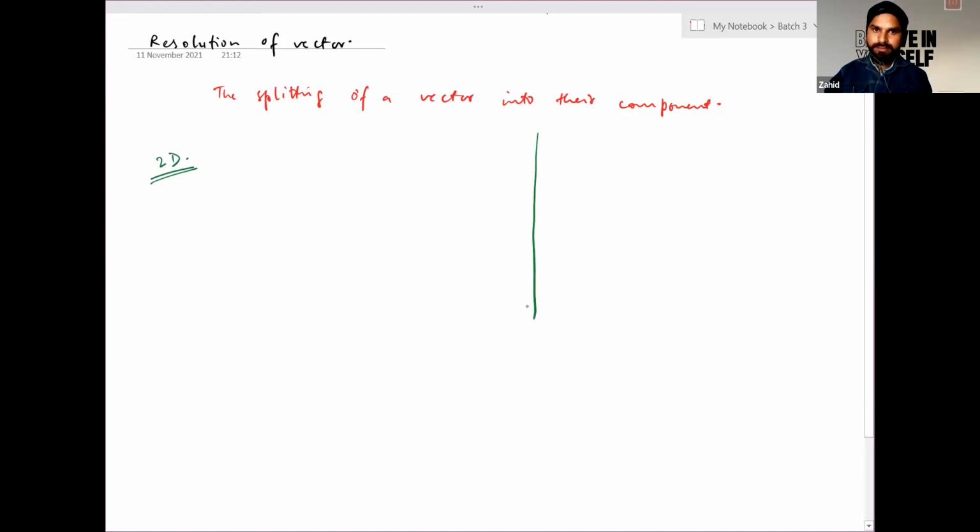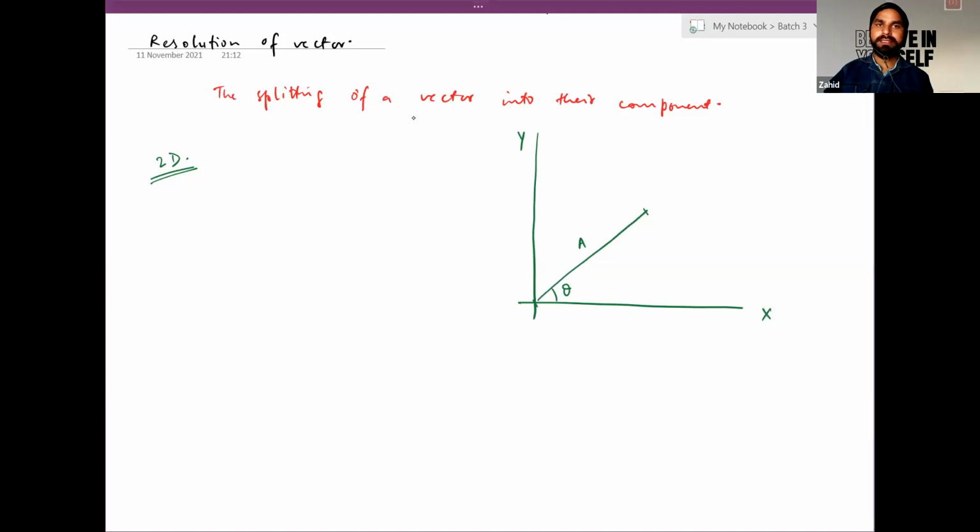Let's say you have x-axis, y-axis, and there is a vector having magnitude A from this point to this point, which is inclined at some theta with respect to x-axis.